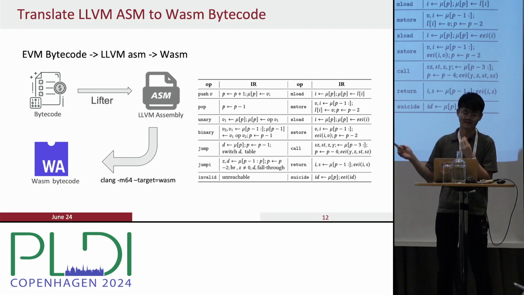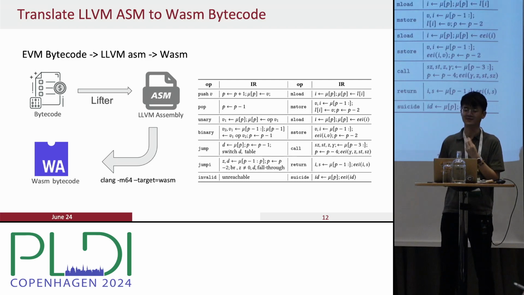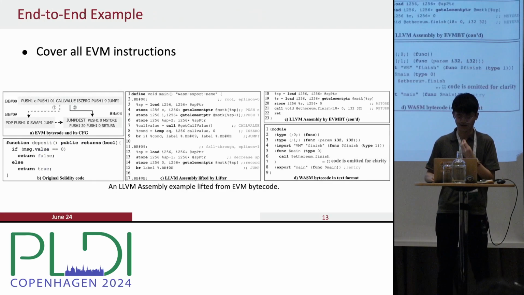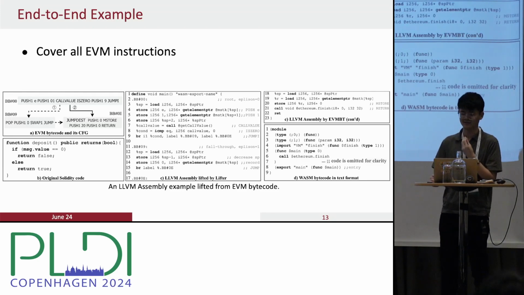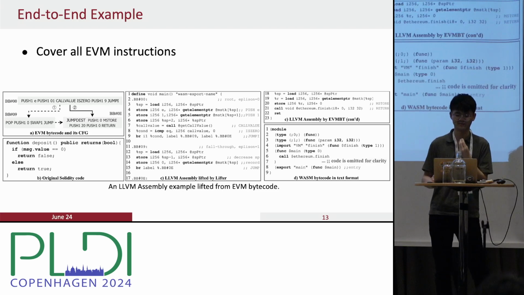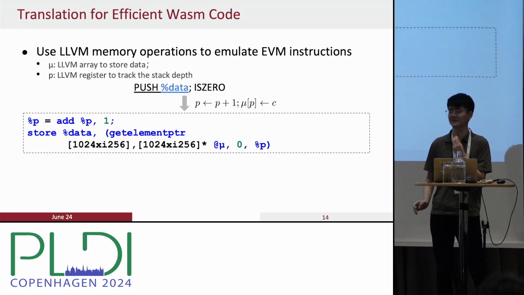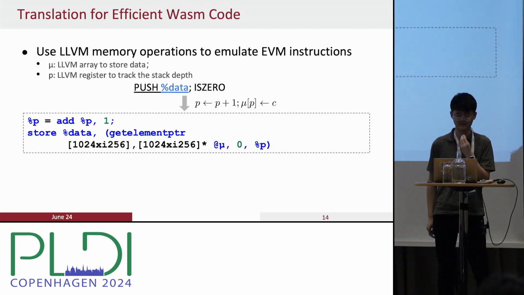So this is the overall pipeline: the bytecode comes in here, and we lift it to LLVM assembly. At last, we generate the WASM bytecode based on the translation rules defined in this table. I give an end-to-end case here, and if you are interested, you can see our paper for more details. Let me introduce our technique with this simple example.